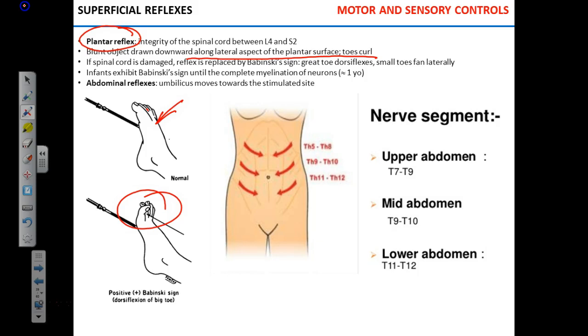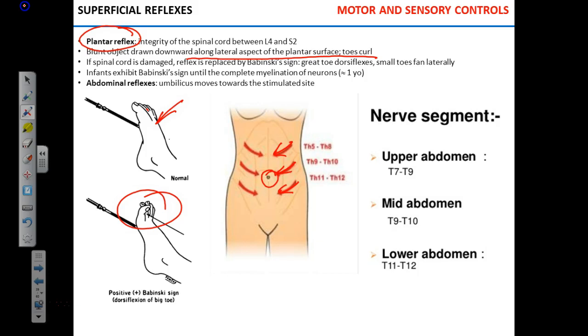Abdominal reflex. It's kind of funny. So you stroke the abdomen towards the midline, and if you stroke in the upper part, middle part, lower part, the umbilicus, the belly button, should move towards the stroking finger. I mean, it doesn't mean that if I start to stroke from here, the belly button just moves all the way to the right.